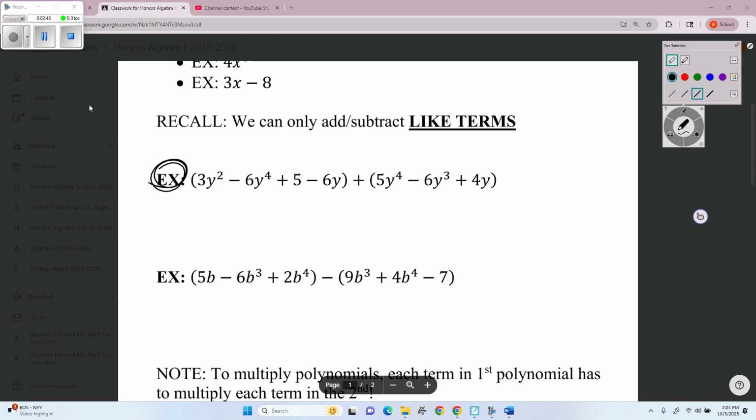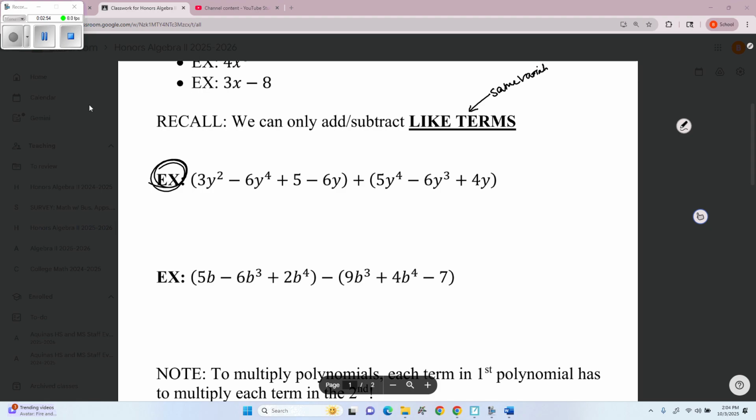So what do we mean by like terms? Not only do they have to have the same variable, x's with x's, y's with y's, but they also have to have the same exponent value on the variable. So we can't add x's with x squareds. We can only put x's with x's. Likewise, we can only put x squareds with other x squareds.